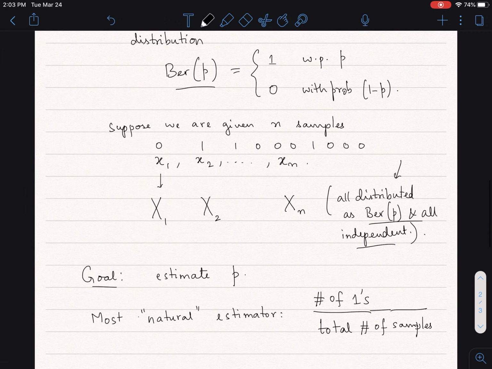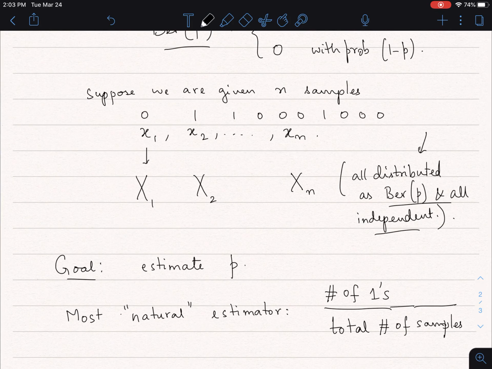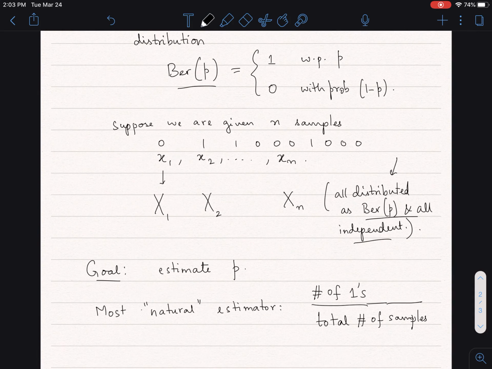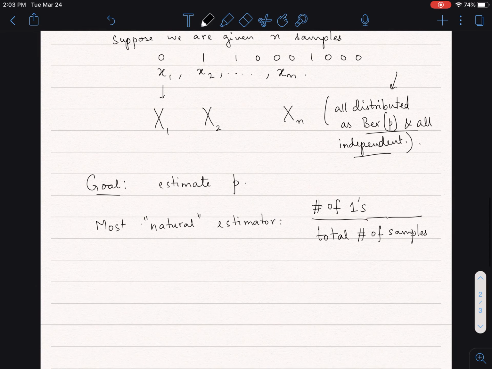Okay. So this is the most natural estimator for this quantity, and if you see, this is exactly the same as the sum of i going from 1 to n of xi divided by n, which is basically the mean estimator.